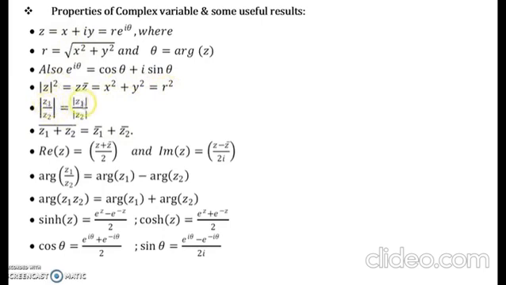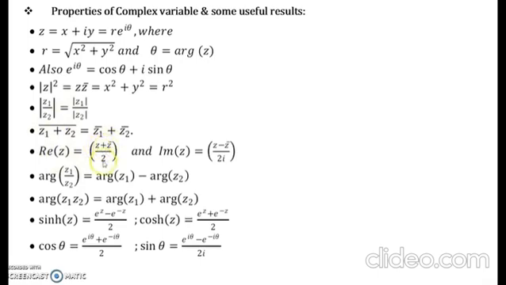Next result is modulus of z1 by z2, we can split this as mod z1 by mod z2. Next, z1 plus z2 the whole bar we can also split by using the linearity property, like z1 bar plus z2 bar. Let us move on to the next category. Real part of z is equal to z plus z bar by 2.